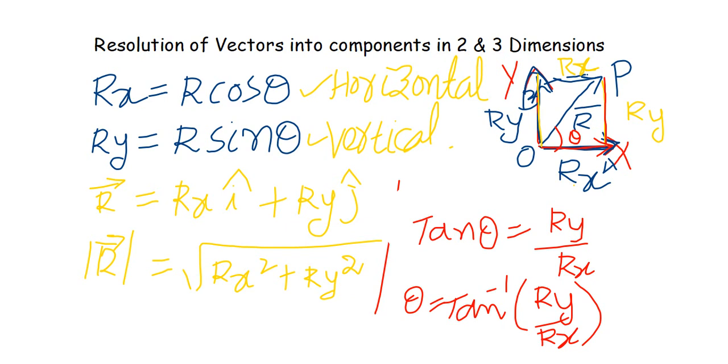Suppose that we take that angle theta. Tan theta is opposite side by adjacent side, that is ry by rx. The value of theta is tan inverse of ry by rx.